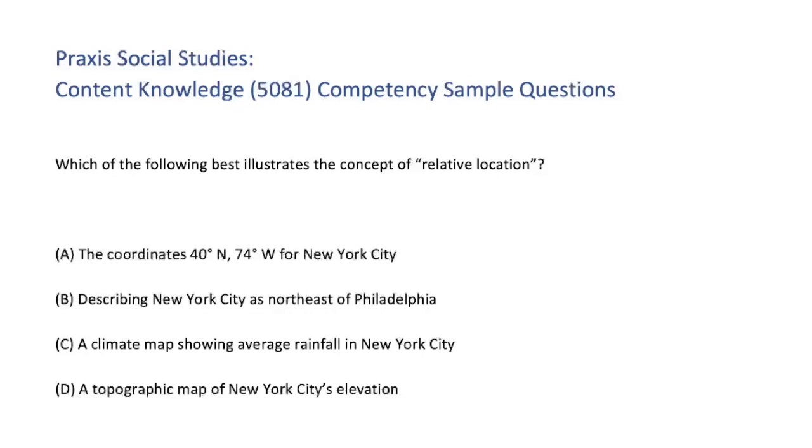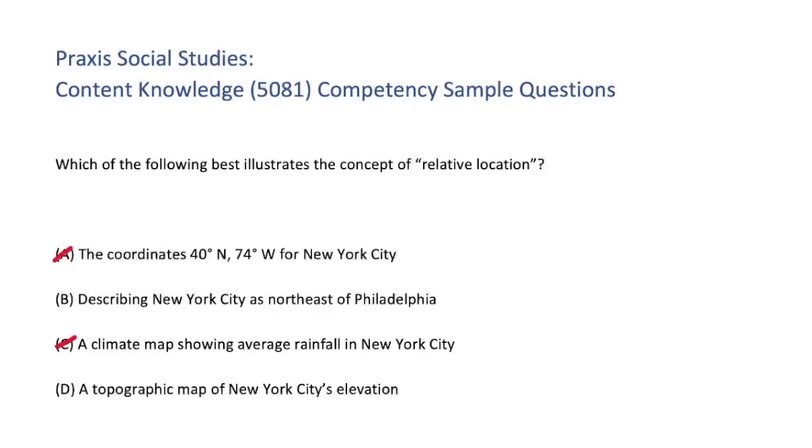With that in mind, let's go ahead and eliminate the incorrect choices, starting with option A. These coordinates give an absolute location, and that's not what we're looking for here. Next up, we can eliminate option C, a climate map showing average rainfall in New York City. That answer is referring to climate, not location.